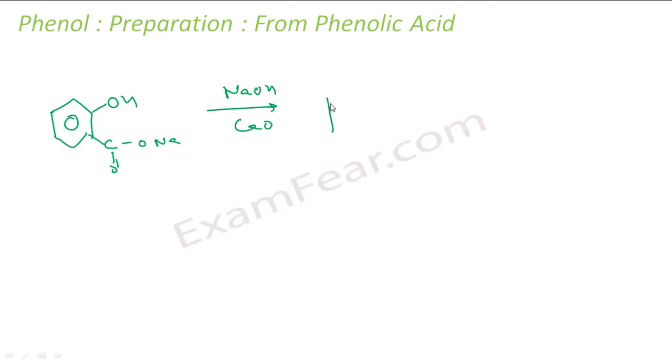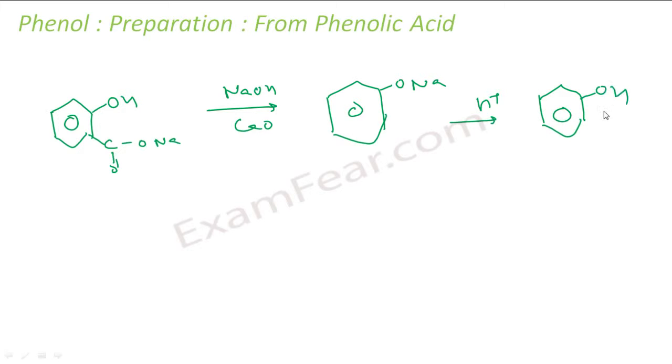What I get is ONa. And this I can just react with H plus, the acid. I get OH. Correct. This is the way to prepare phenol from phenolic acid.